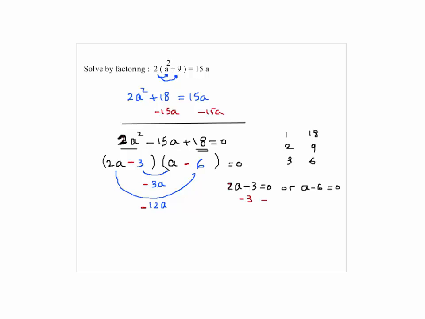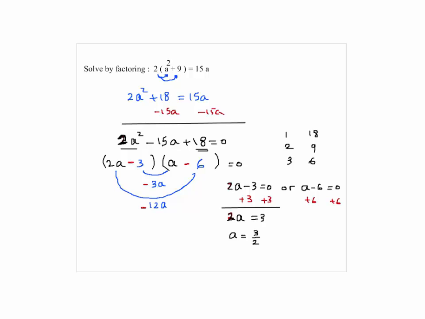I mean, no, add. And then you equal the 2a to the 3. And then a equals 3 over 2. And then on the other side, you add the 6 to both sides, and a equals 6.